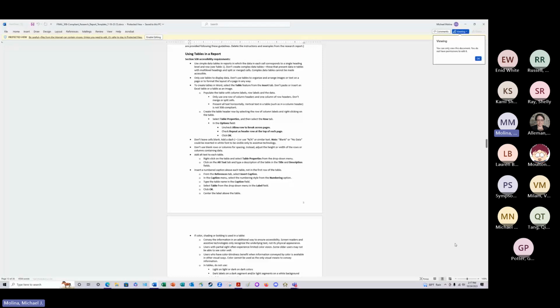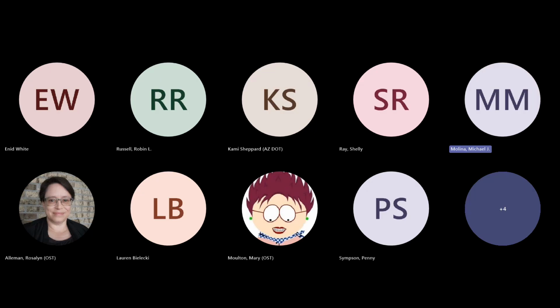And on that topic, I wanted to let everybody know that as part of the pooled fund, our vendor is going to be conducting a training on Section 508 compliance, and this is going to be open to a lot of members and PIs, and it's going to be free to attend. Once we get that schedule on the books, I think we can send a link out to anyone who is interested.